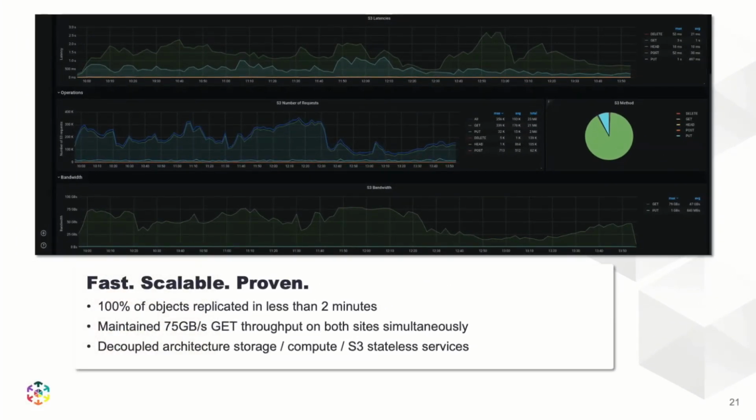And if we added the graph of the other side, we could see the same speed and throughput. And 100% of the objects are replicated in less than 2 minutes. We have maintained 75 gigabytes throughput on both sides simultaneously, and we have a successful decoupled architecture of storage, compute, and S3 stateless services at a customer that has been in production for over 5 years now.